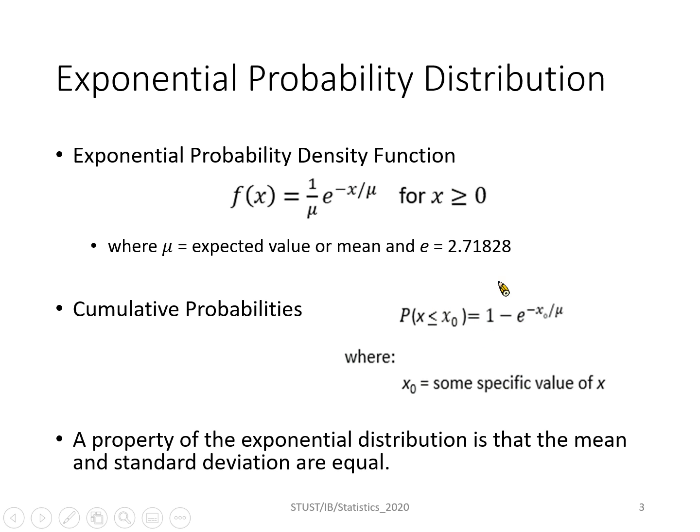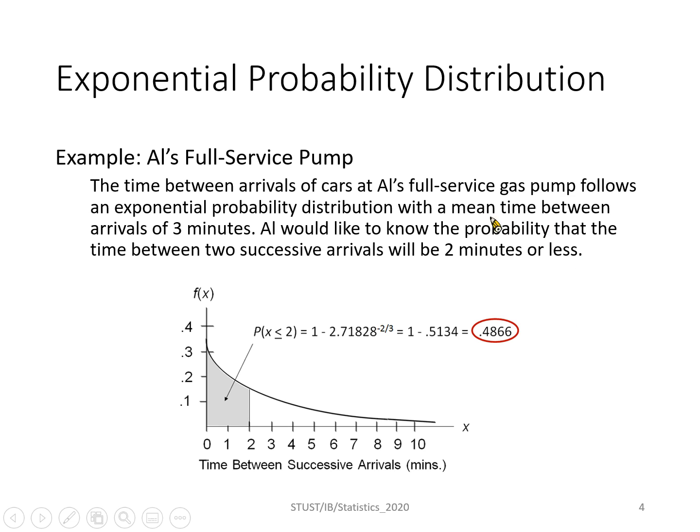Following this formula, x0 would be 2, and mu, the mean or expected value, would be 3, because the question tells us the mean time between arrivals is 3 minutes. So the probability of less than or equal to 2 minutes is 1 minus Euler's number to the power of minus x0 divided by mu, where mu equals 3.